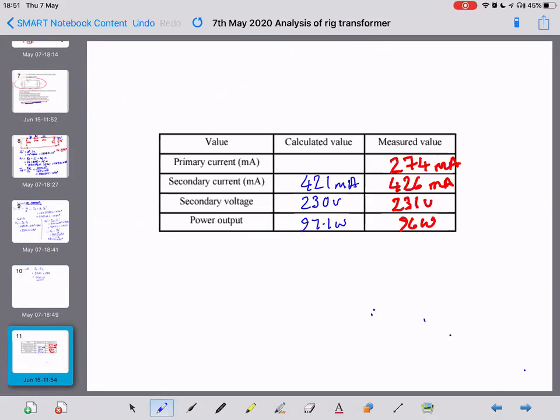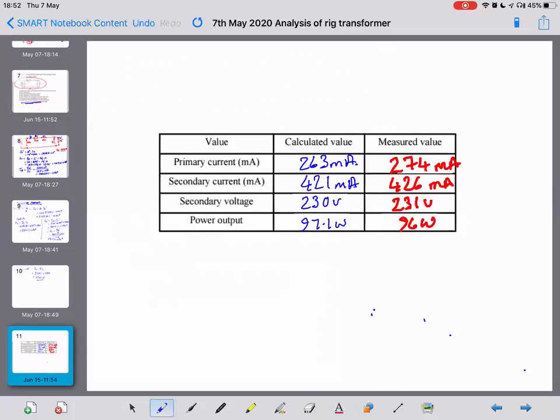Not much in 400, is it? And the primary current we calculated was 263. Yep. So that model's pretty close. If you go to 2 significant figures, which is quite often as much as you can measure accurately, that's pretty much spot on, isn't it?